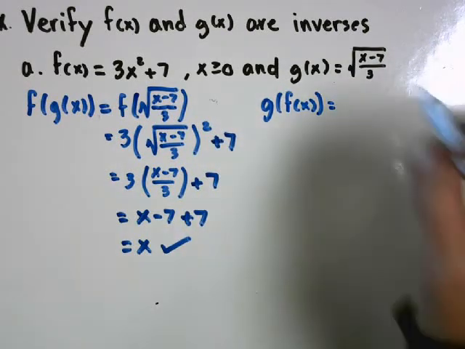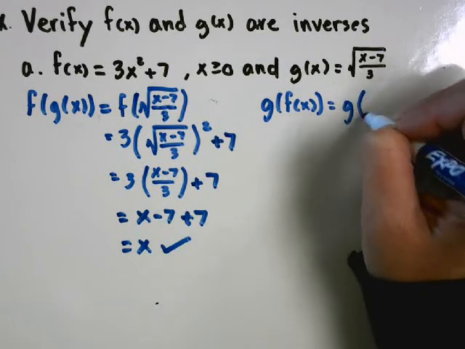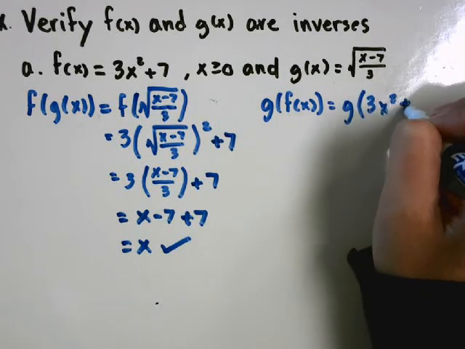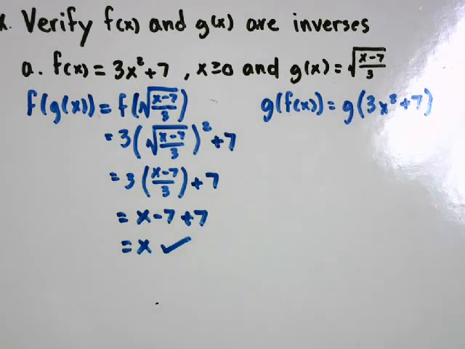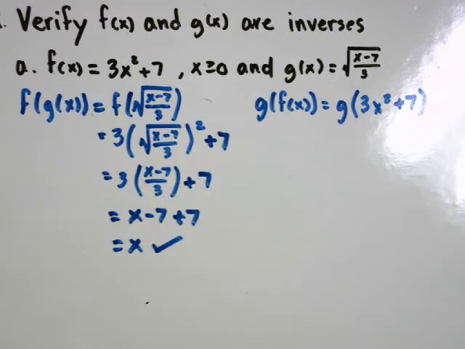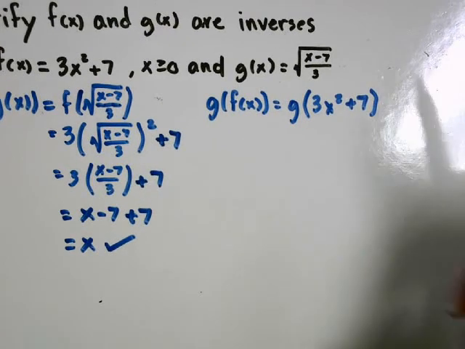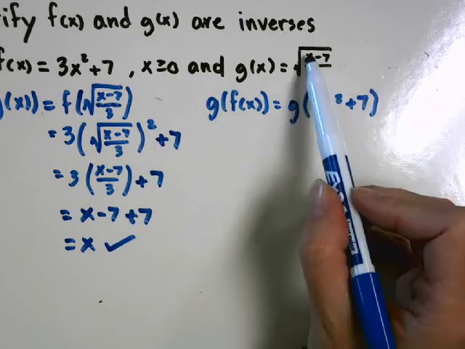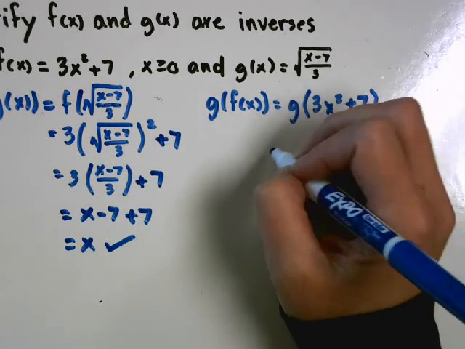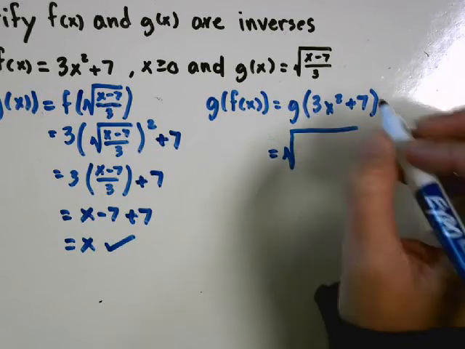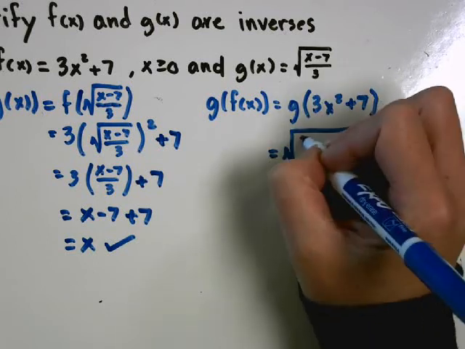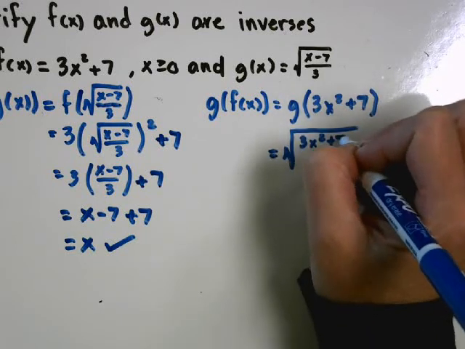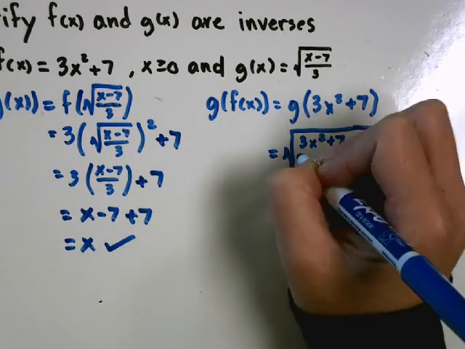So we're going to do g of f of x. So that's going to be g of 3x squared plus 7. Okay, let me slide this over out of that bright light. So I'm going to take this and plug it in for the x in g. So instead of x minus 7, we have 3x squared plus 7 minus 7.